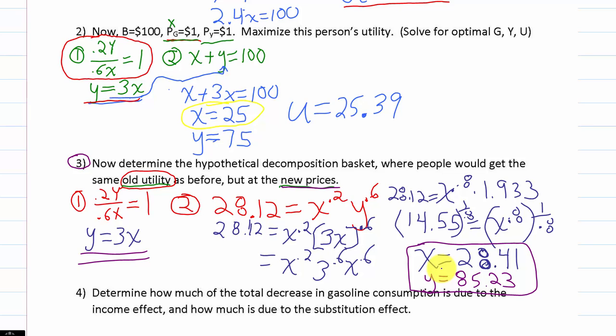So we take 85.23 plus 28.41. And we find out that this would cost us about $113.64. So the budget would be approximately, because we're doing some rounding here, so if you get a slightly different answer, then that's okay, $113.64.